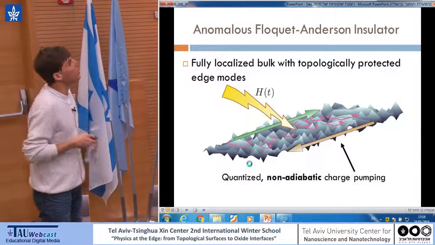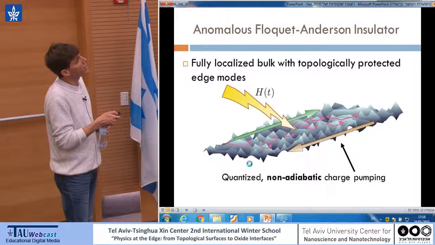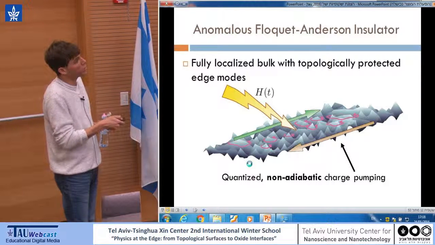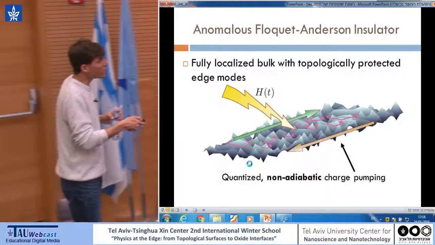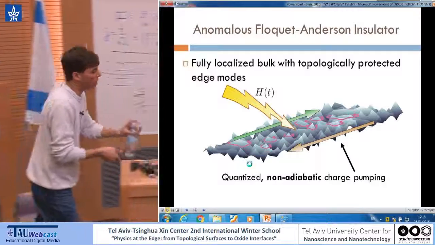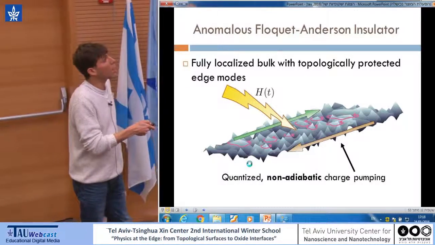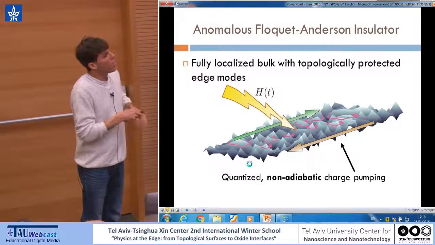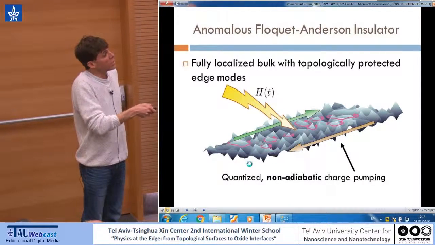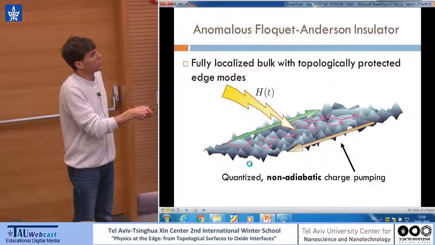What is this anomalous Floquet-Anderson insulator? It's basically, again, as I said, a fully localized system. So it's a 2-dimensional system whose bulk states are fully localized. There's not a single state in the bulk which is actually extended across the system, but yet it does have chiral edge states, basically, that are going to lead to quantized non-adiabatic charge pumping, and I'm going to argue for that in a second.